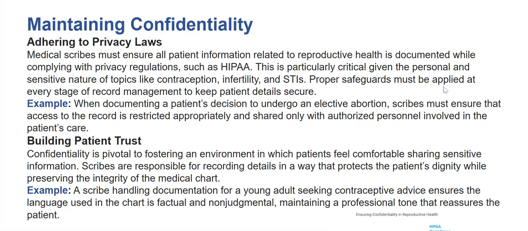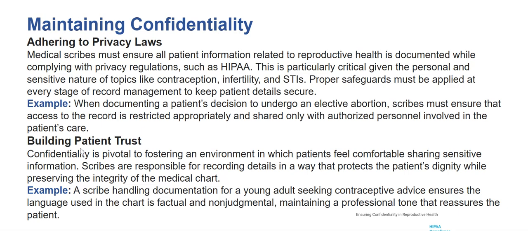Proper safeguards must be applied at every stage of record management to keep patient details secure. Example: when documenting a patient's decision to undergo an elective abortion, scribes must ensure that access to the record is restricted appropriately, ensured only with authorized personnel involved in the patient's care.